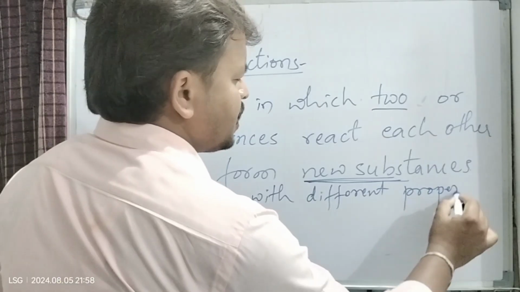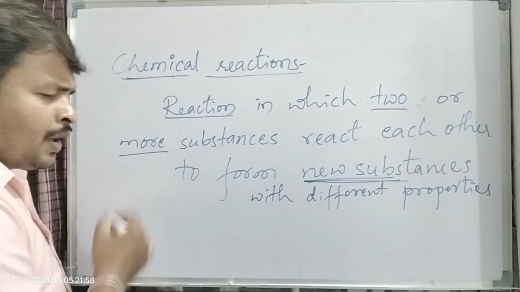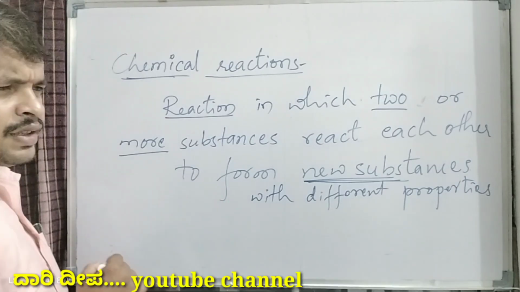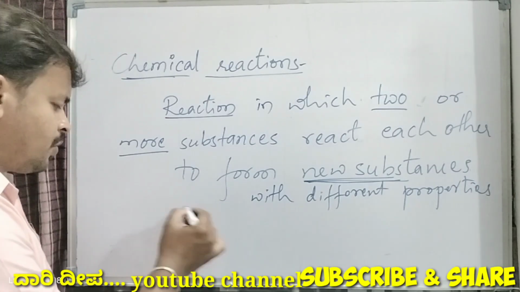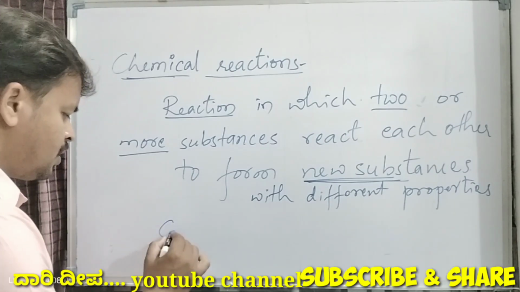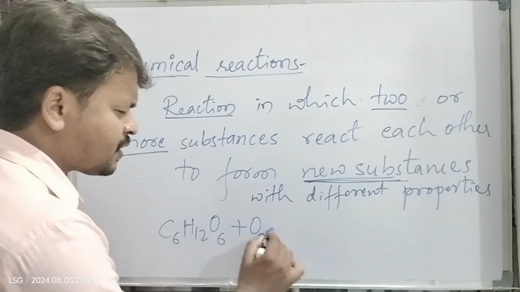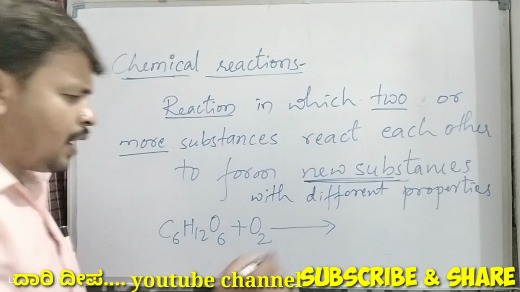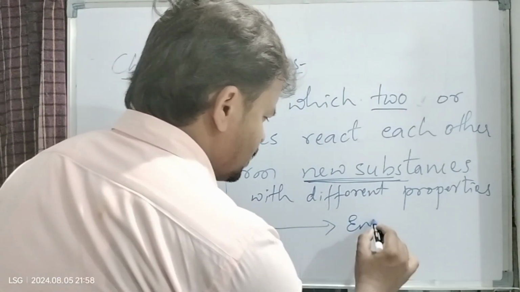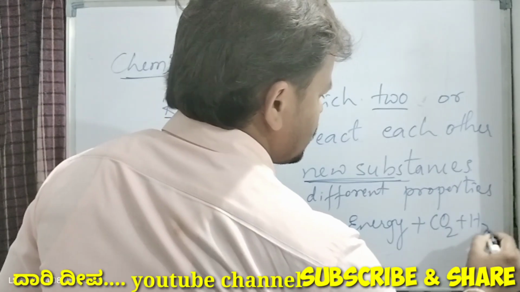As I said, during photosynthesis or during respiration, what happens in respiration? The glucose reacts with the oxygen and releases the energy. It releases energy with carbon dioxide and water.